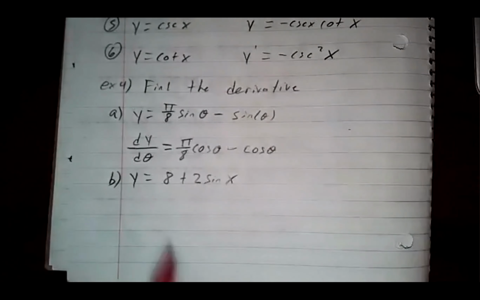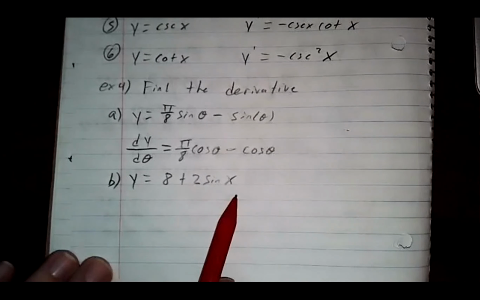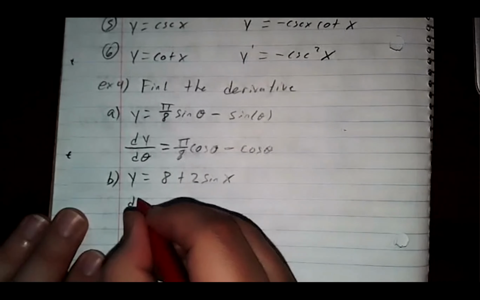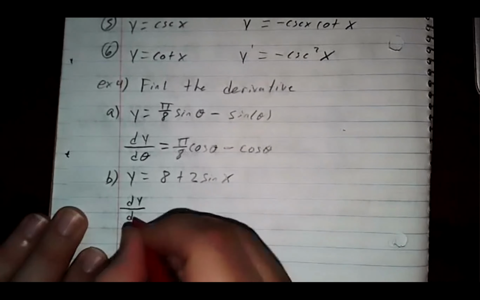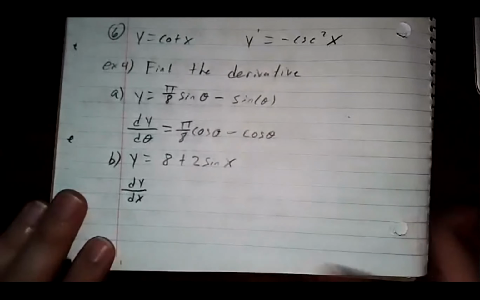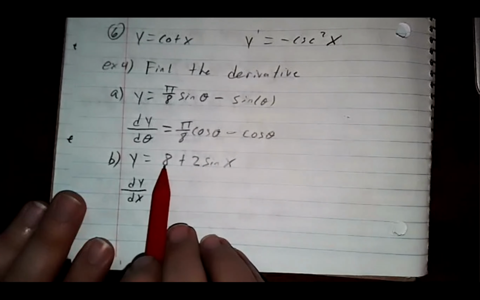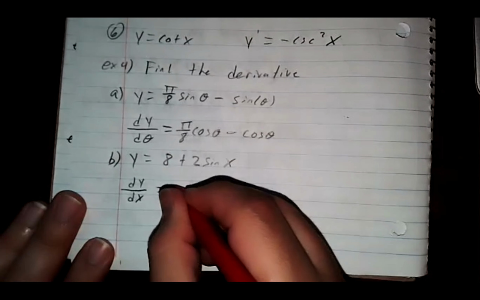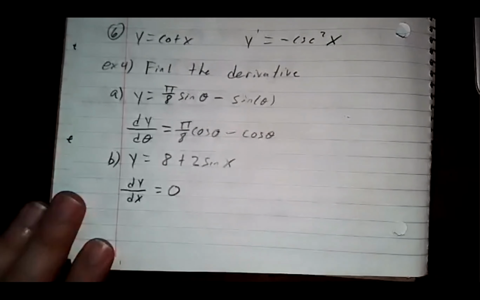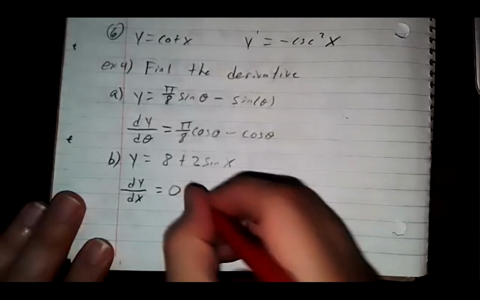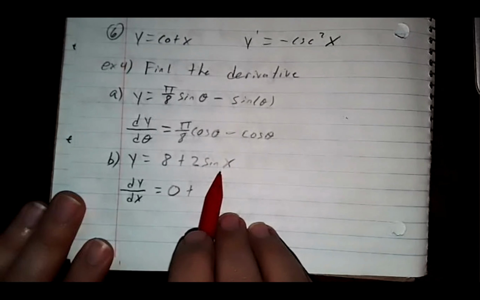All right, so y is equal to 8 plus 2 sine x. So this time, what is the derivative of y with respect to x? Well, this is a constant, right? So that will be 0. Derivative of sine? What is derivative of sine?